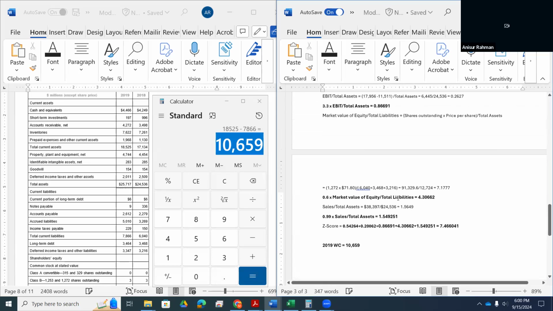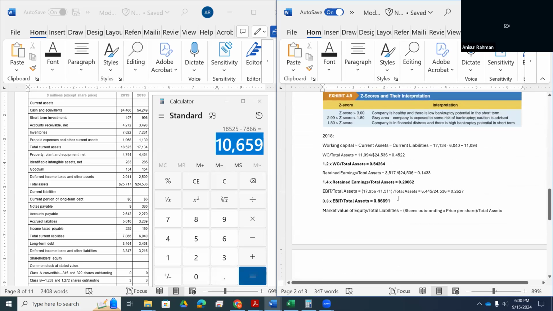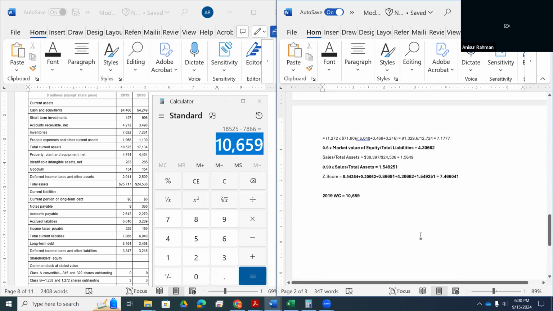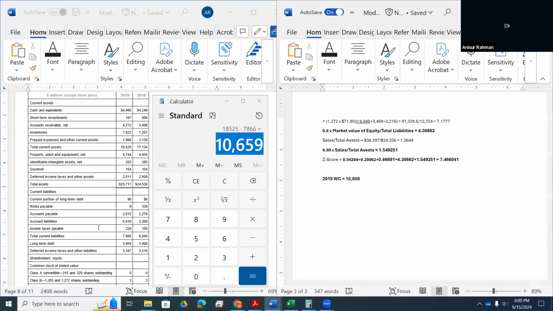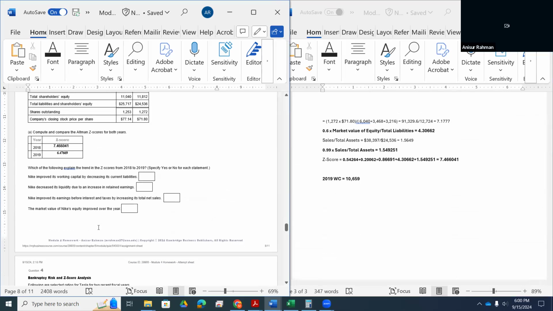Previously, in 2018, it was 11,000. It is now 10,000. So this is not true. It did not improve. It decreased. So no.